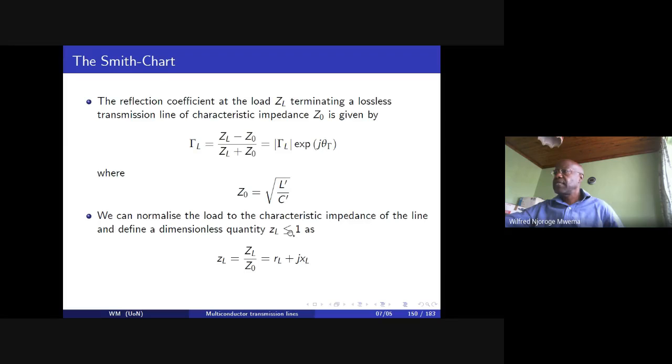Well, this is not really the case. It can be larger than unity. So I think this is not a very nice thing to write here. And we can write it as ZL equal to ZL over Z naught equal to RL plus JXL. So remind me to change this comment here.